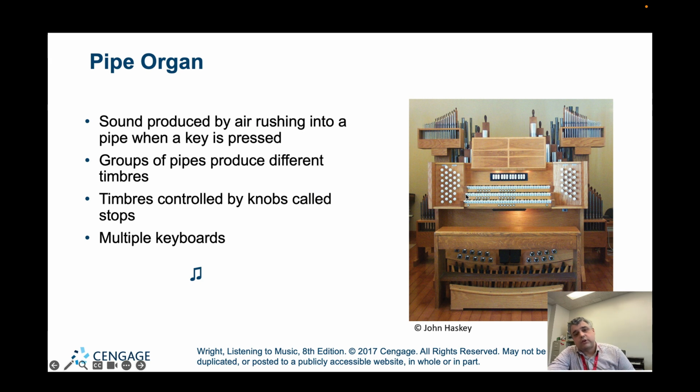The keyboards are actually called manuals, so you can play on different manuals, and each manual could be assigned a different set of pipes to have a different timbre. Secondly, if you see on the side, there are all these buttons here and over here. Well, they're called stops. Those tiny knobs, and when you push and pull in specific stops, what you're doing is changing the airflow through these series of pipes, thus changing the timbre available to you.